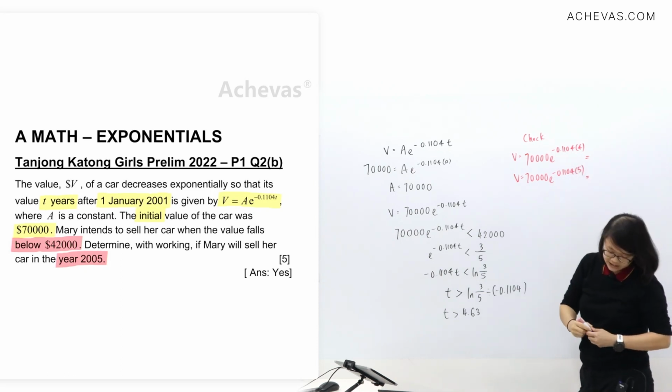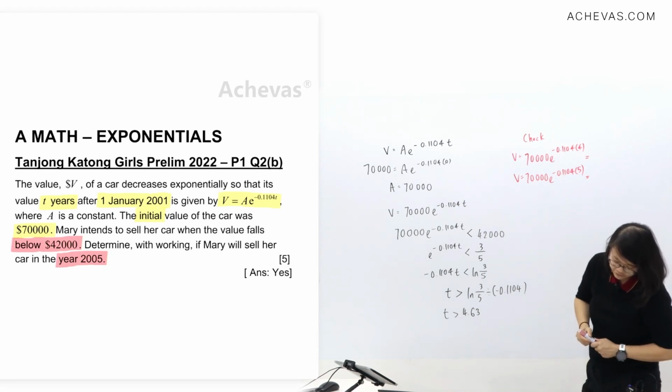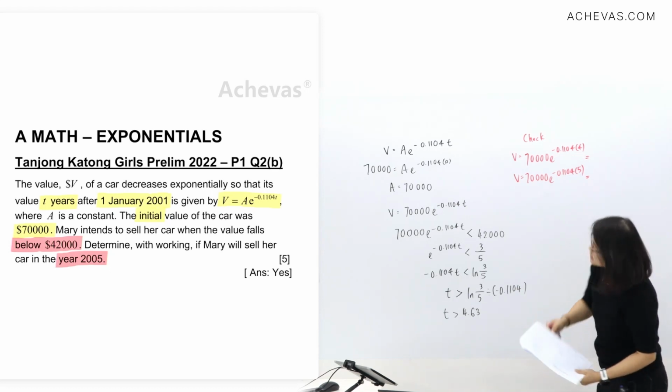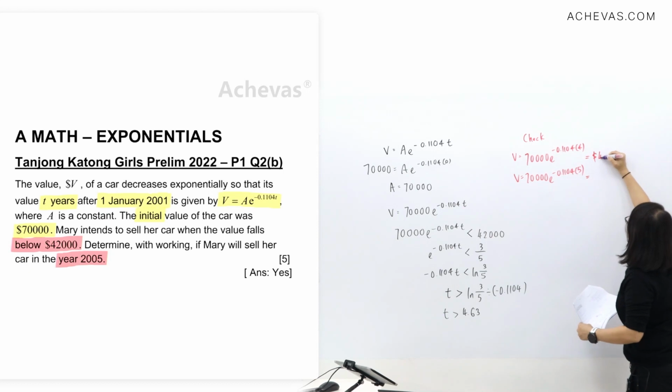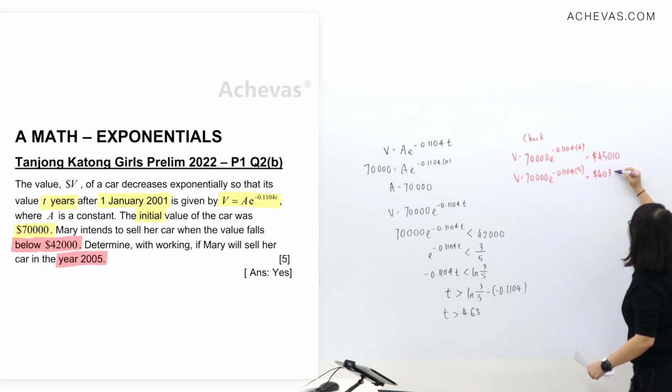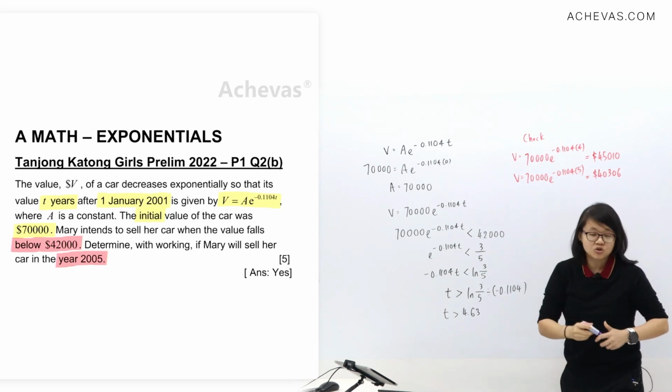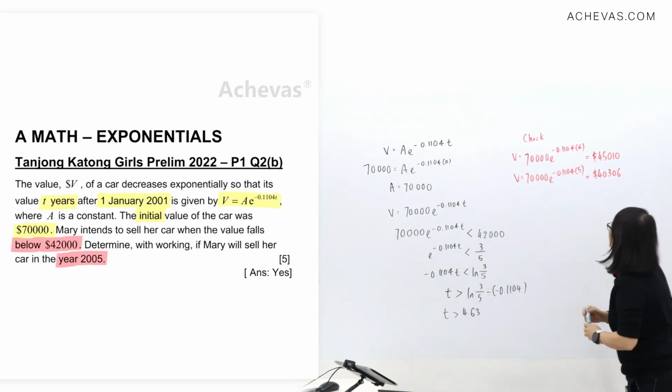Let me look at my calculator. So first answer, I have 45,010. And the other one, I will have 40,306.